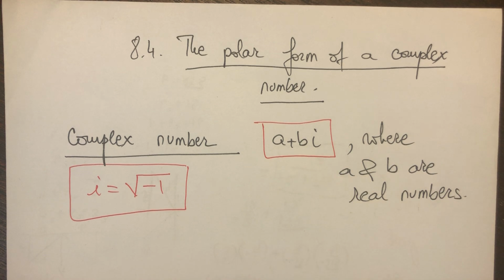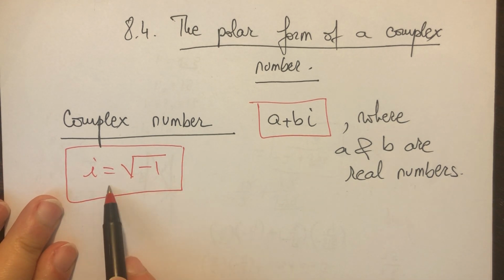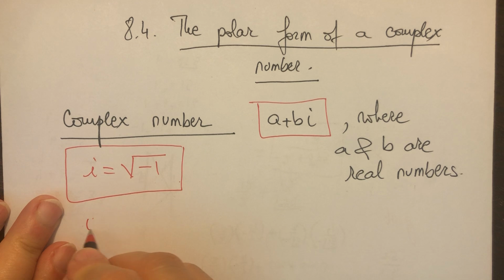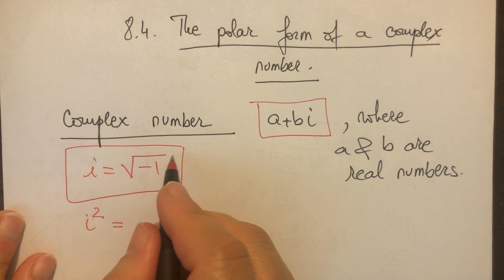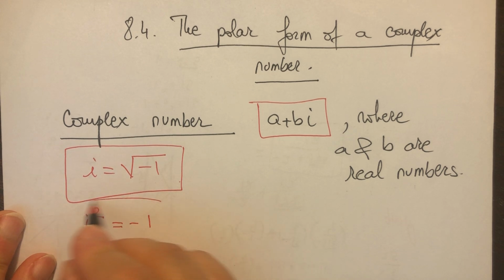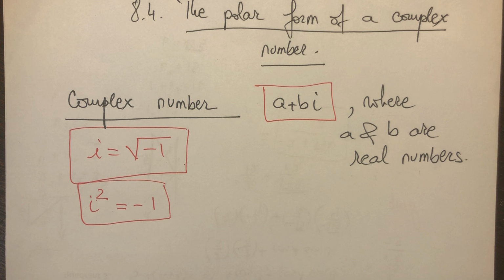But again, all numbers came from someone's imagination at some point. Because i is equal to the square root of -1, we squared both sides, so i squared is equal to -1. So i squared is a real number again, and it equals -1.